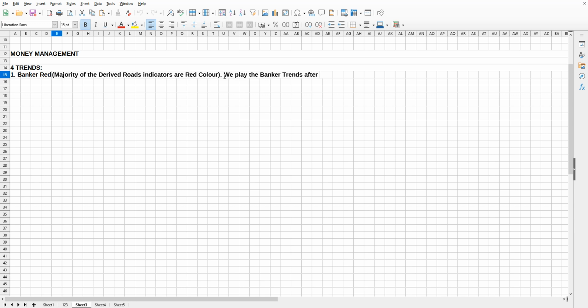After the banker is dealt in the game, and we have a banker result confirmed, then we know that we have to play the banker trend right there. On the next hand, we play the banker trend. Banker trend, banker red.